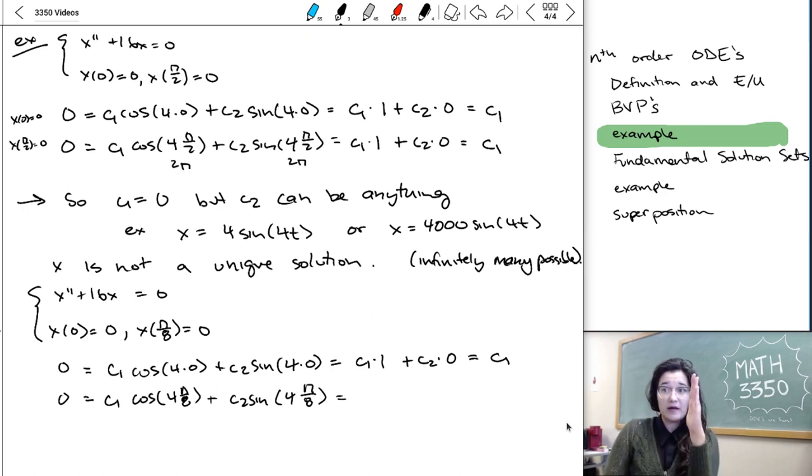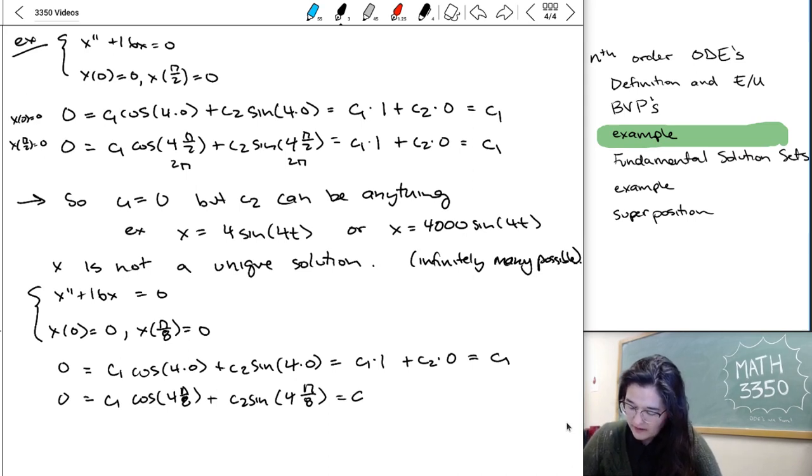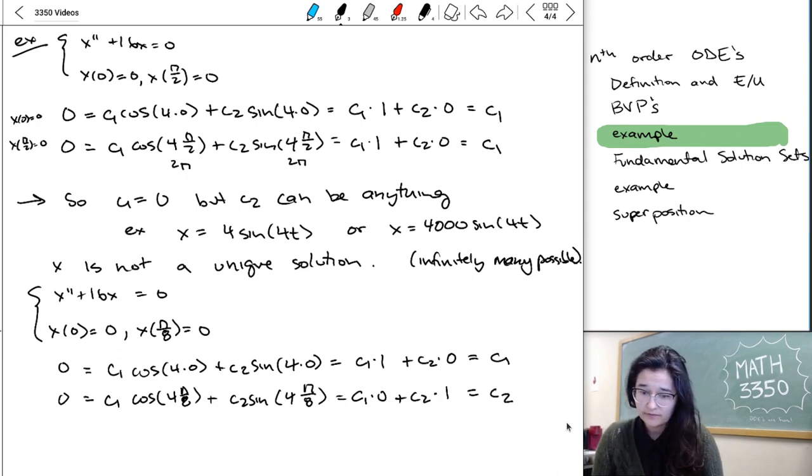So pi over 2 ends up being this part of your unit circle. So I'm going to get c1 times 0 plus c2 times 1 just gives me c2. So my solution here is that c1 equals 0 and c2 equals 0.